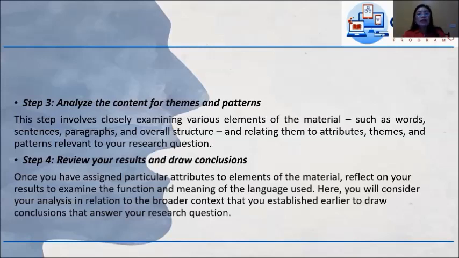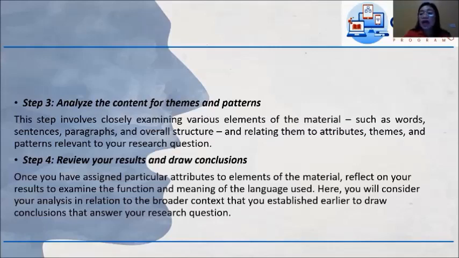Okay. Now, for step four, review your results and draw conclusions. Once you have assigned particular attributes to elements of the material, reflect on your results to examine the function and meaning of the language used.